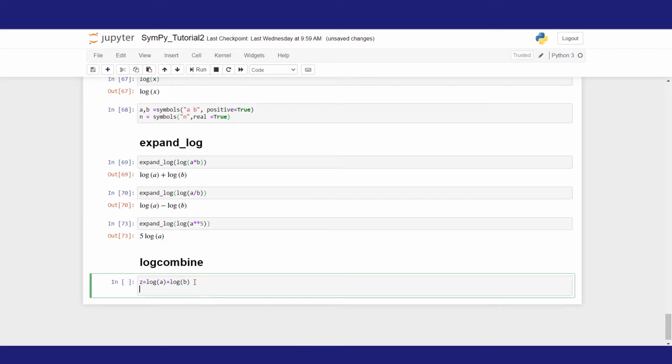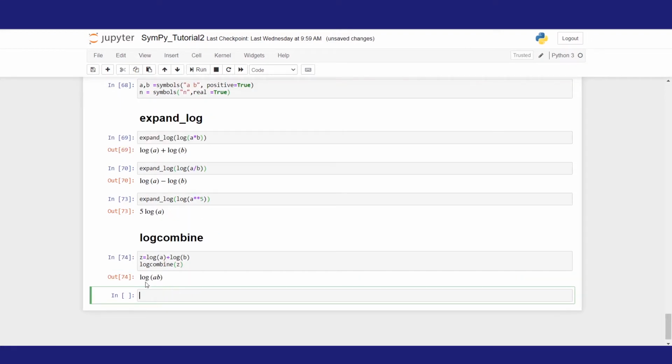If I say log combine of z, let's see what we have. We'll simply have log of a b. It combines following the law of addition of logarithms, and we come up with one combined, simplified log of a b.